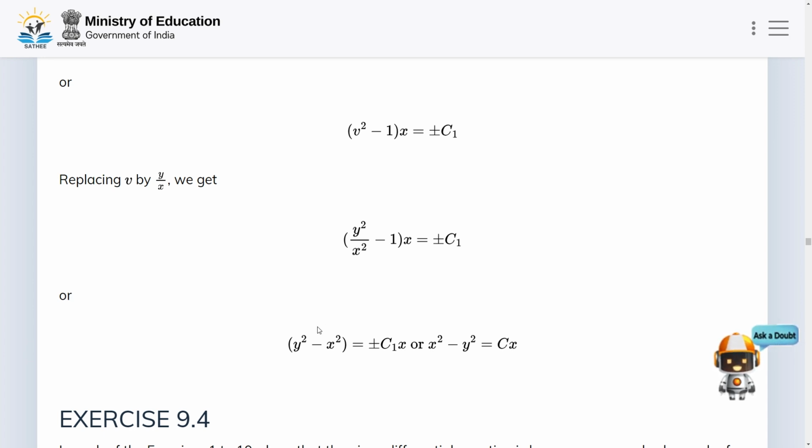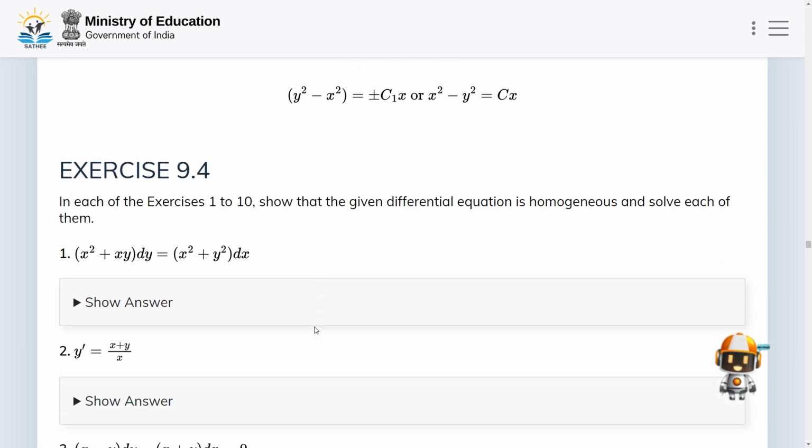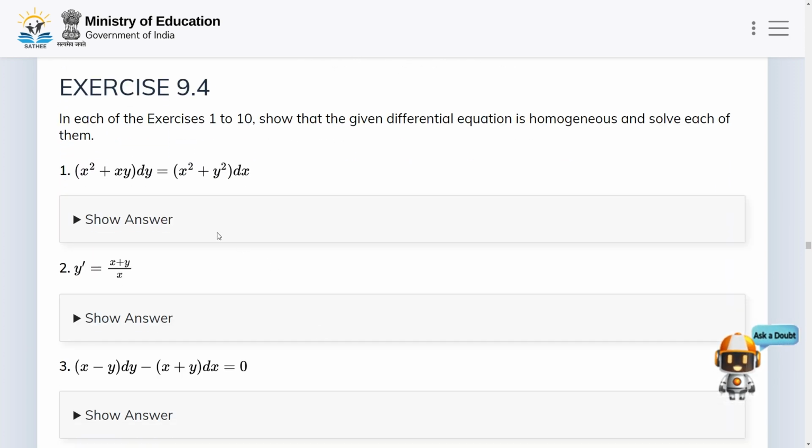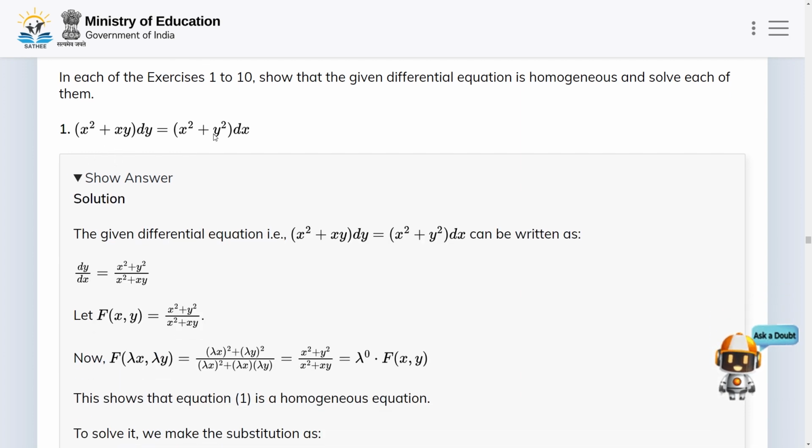Now 9.4, we will be solving 9.4. We have to show that a given differential equation is homogeneous as well as solve it. So quickly, let's see. First, on the left hand side we have to make dy by dx.